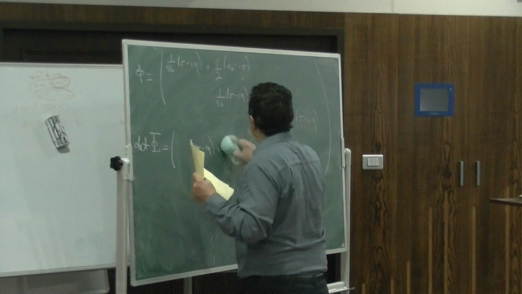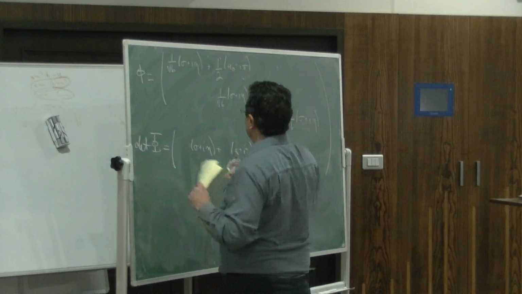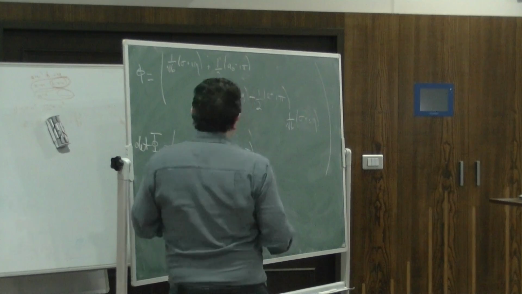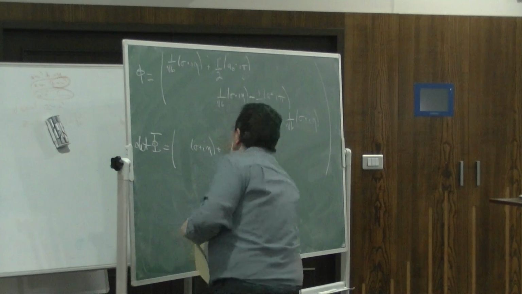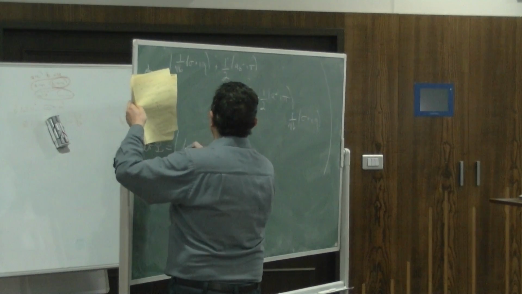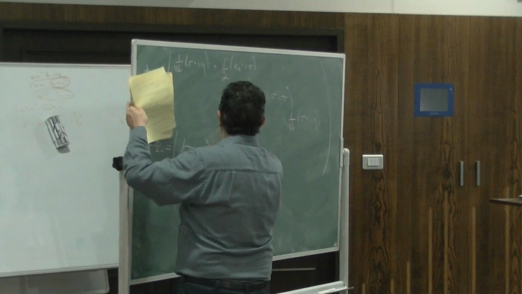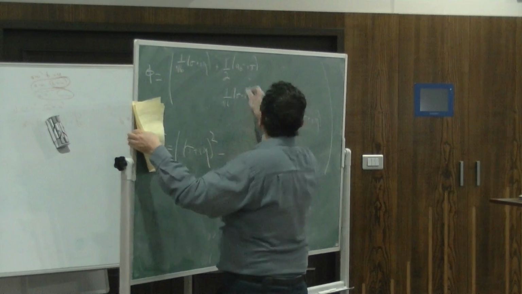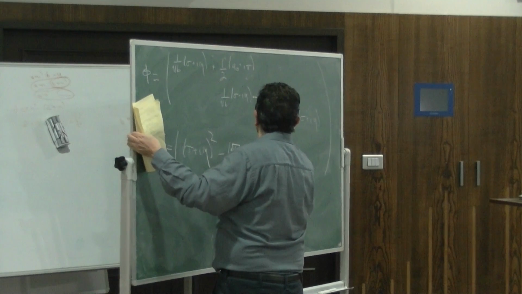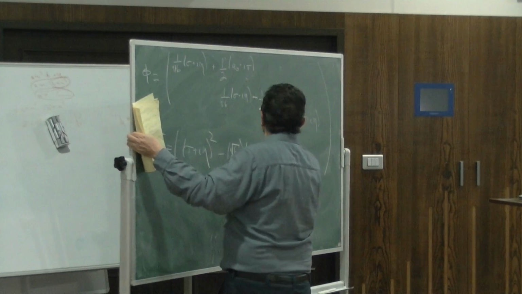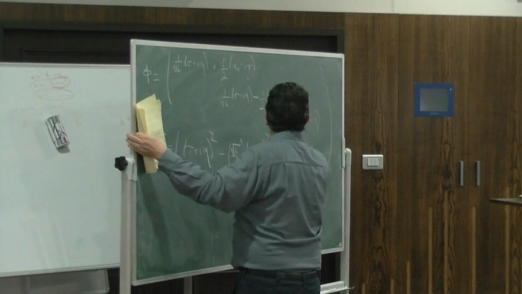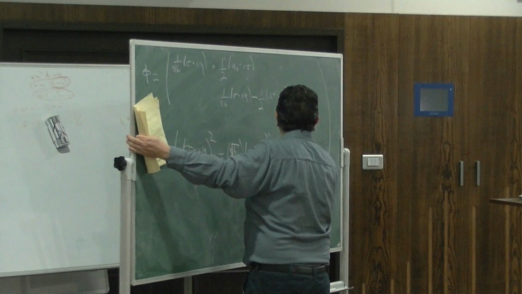I'll take that out everywhere. I'm going to get this times that complex conjugate. So I'm going to get sigma plus i eta squared minus, because this is plus minus, square root of 6 over 2 A plus i pi squared times sigma plus i eta.